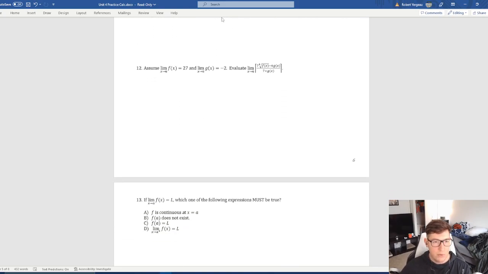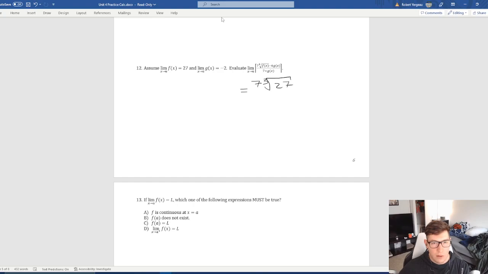All right, number 12. This is limit laws. Remember that with limit laws, all it simply is telling us is just plug in the limits, right? We simply take these limits and we plug them in. And so if I'm evaluating the limit as x is approaching 6 of all of this, I'm actually just plugging in these values. And so what I'm actually going to have is 7 times the cubed root of 27, right?